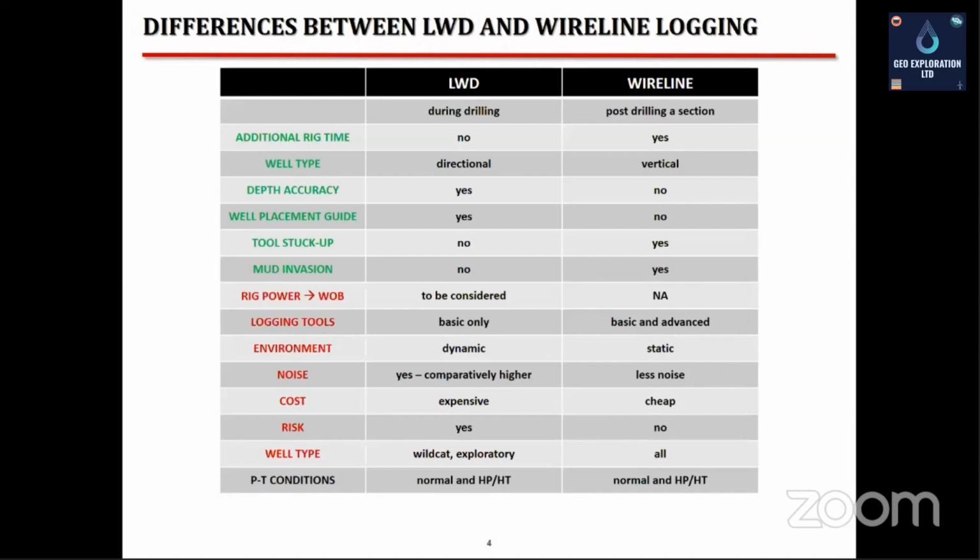Based on all of these advantages and disadvantages, it is observed that LWD is more expensive and constitutes greater risk than wireline logging. LWD is usually preferred only for wildcat and exploratory wells where we do not have much understanding about the subsurface, while wireline logging is carried out for development wells as well.